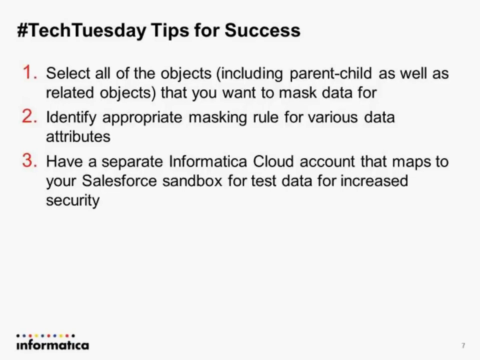Because let's say you forget one or more of the related objects, and you test it out in your sandbox, but in production, you actually have the full data set, and you haven't tested out those different permutations and combinations, you might run into some bugs.